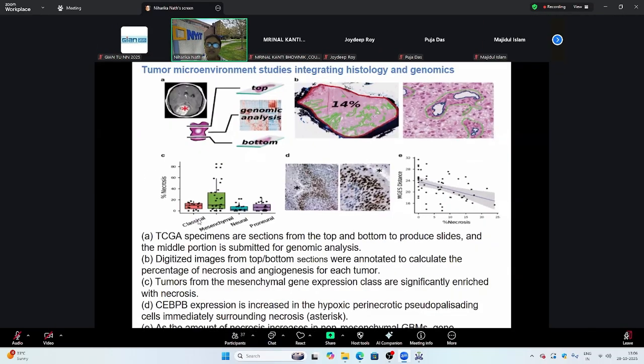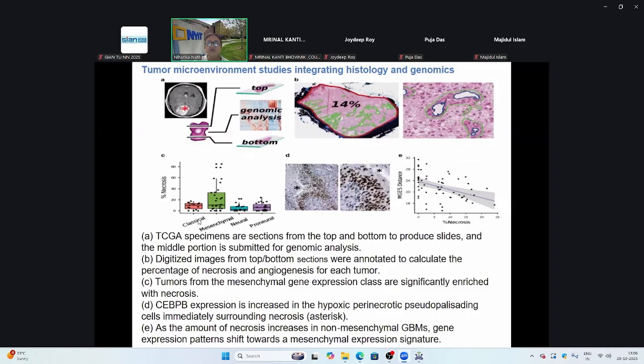And this is the same thing. These are from the same paper. All I'm showing you here is that by genome analysis they were able to also validate, and they were able to have more information as a data set.